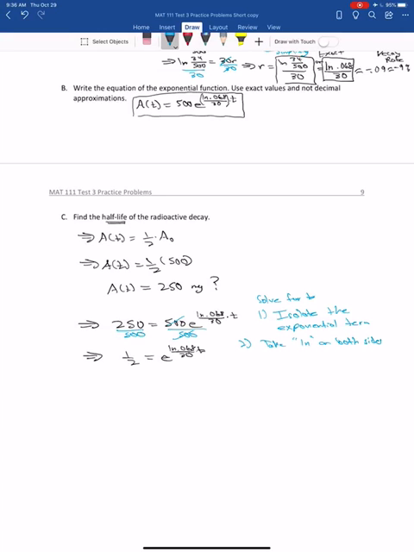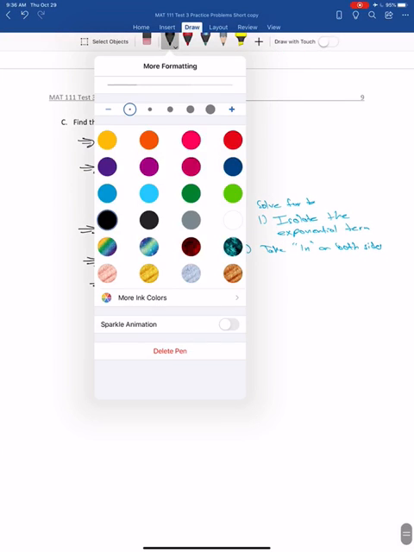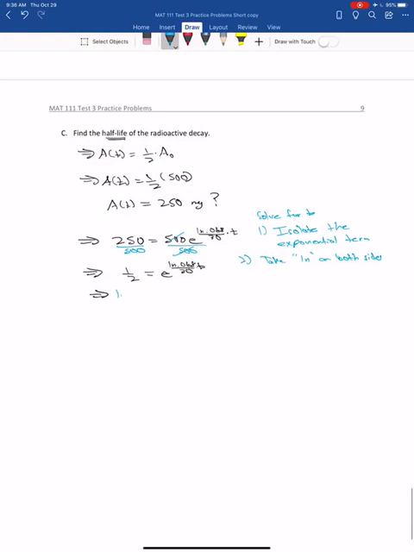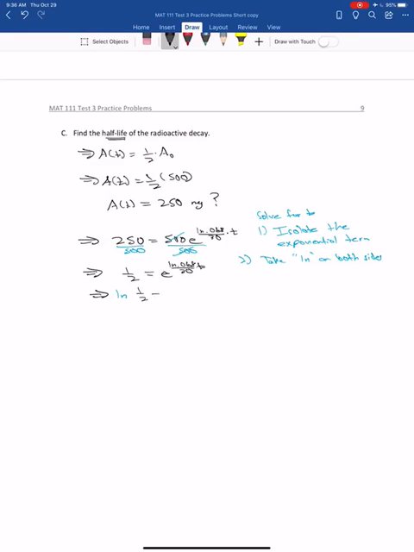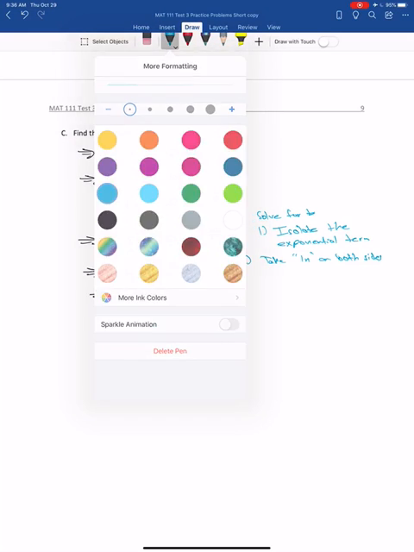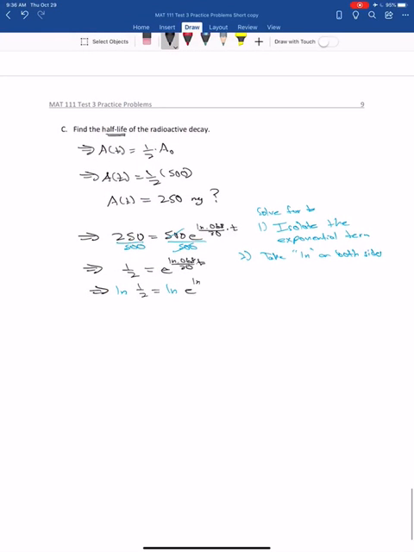So let's go ahead and do that. In our next step, we've got the natural log of 1/2, the left side of the equation, equal to the natural log of the right side of the equation, which is e to the natural log of 0.068 divided by 30 t. And again, this was our whole goal.